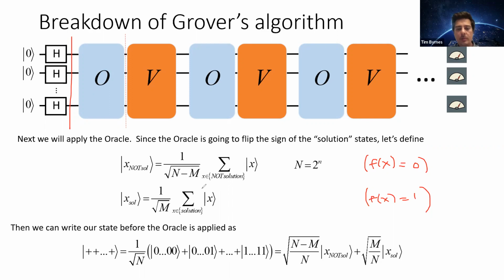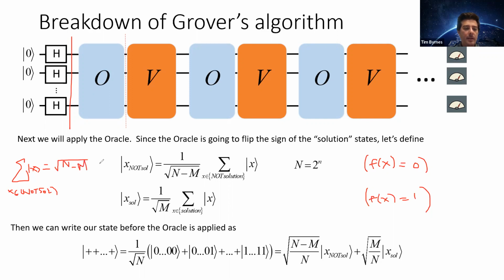Now, with a little bit of rearranging, if we multiply this by square root of n minus m, we get the sum of x in not solution. So this will be equal to square root of n minus m times x not.